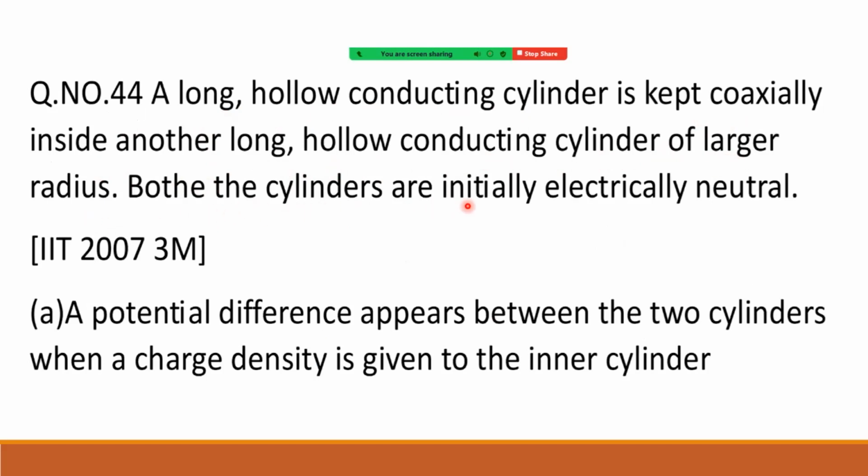Both the cylinders are initially electrically neutral. Now see the options. This was asked in 2007 for 3 marks. A potential difference appears between the two cylinders when a charge density is given to the inner cylinder.